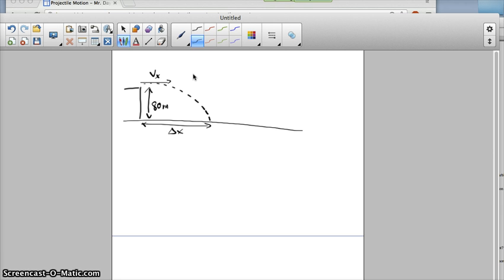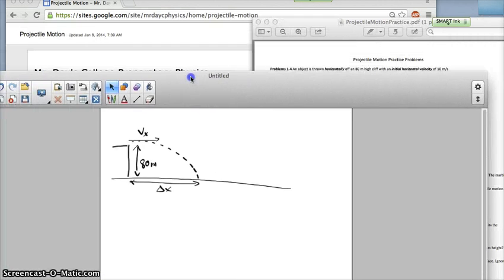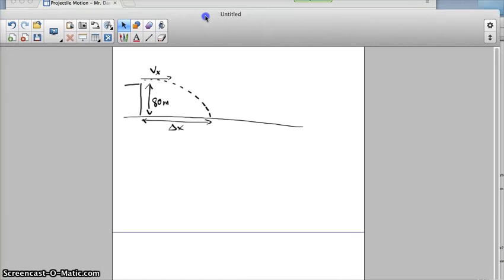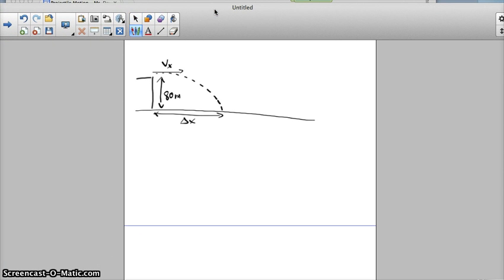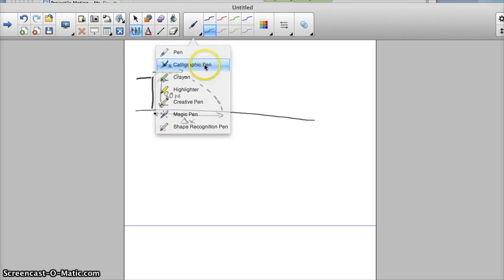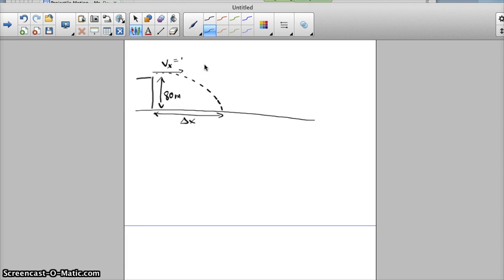And the speed was, what was it, 10 meters per second? Let me double check that. Yeah, initial horizontal velocity of 10 meters per second. Okay, cool. So this is 10 meters per second. All right, so horizontal motion is going to be basically constant velocity motion.